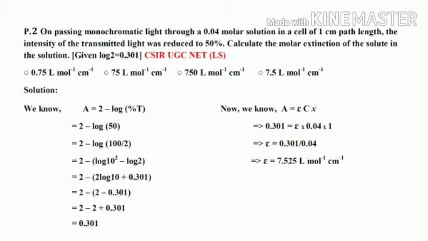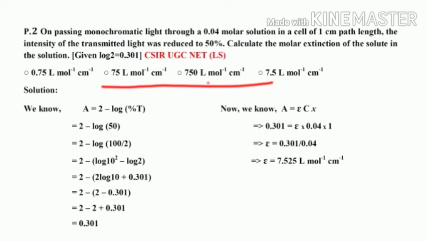Calculate the molar extinction coefficient of the solute in the solution given the value of log 2 equal to 0.301, and the options are 0.75 liter mole inverse centimeter inverse, 75 liter mole inverse centimeter inverse, 750 liter mole inverse centimeter inverse, and 7.5 liter mole inverse centimeter inverse.